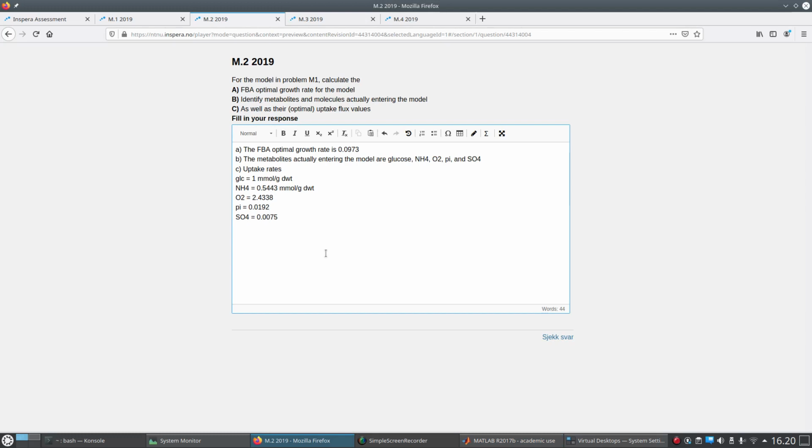And then we can just copy paste this at the end of everything. And so yeah, these are the main characteristics of the original optimal solution to this FBA model, with an optimal growth rate of 0.0973 and the following uptake of these 5 metabolites from the environment.